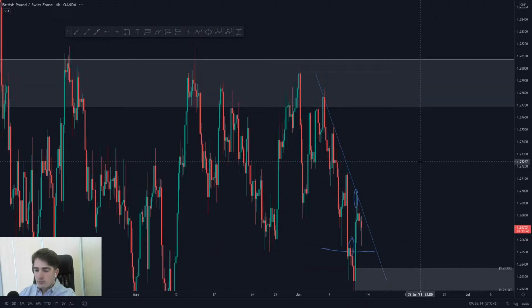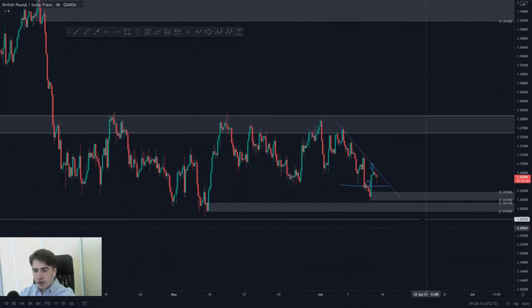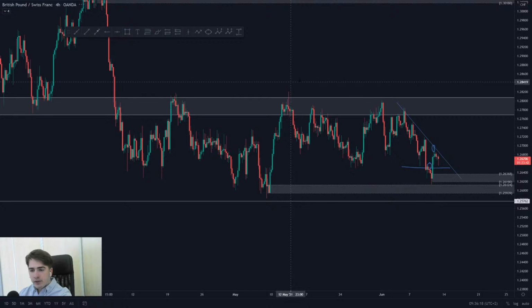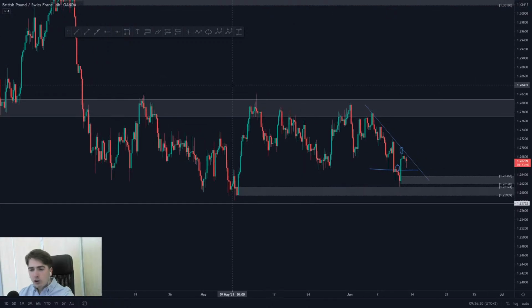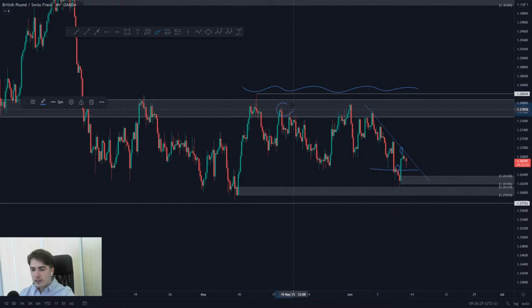Just looking at the 4 hour one more time, the main area of interest for me would have to be this swing high over here, as there is a lot of liquidity situated above that high, right? Because as we can see, high couldn't take out, swing high, high couldn't take out, swing high.